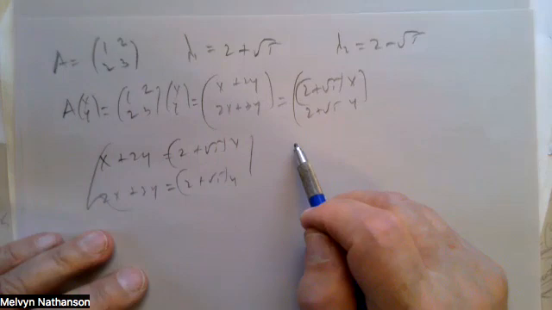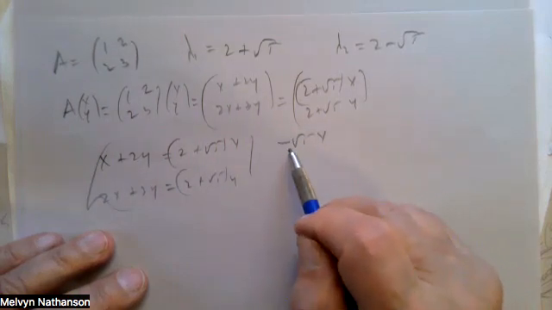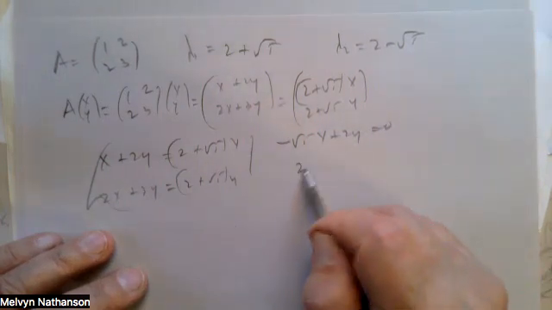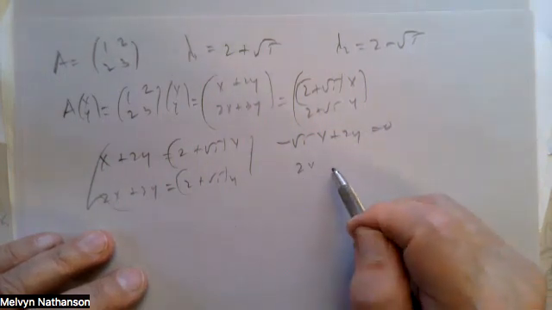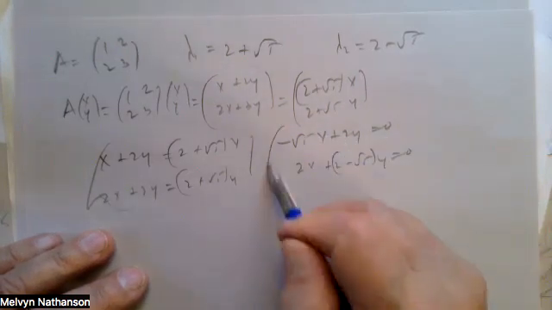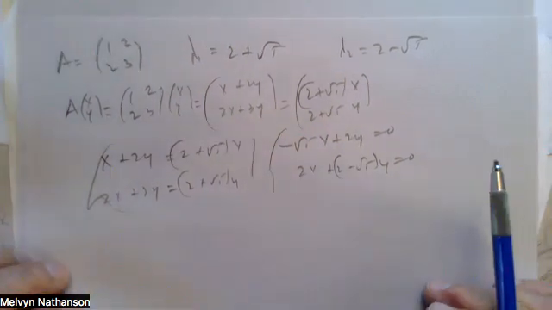This is the same as minus root 5 x plus 2y equals 0, and 2x plus (1 minus root 5) y equals 0. So this is two equations and two unknowns. I have to solve them.